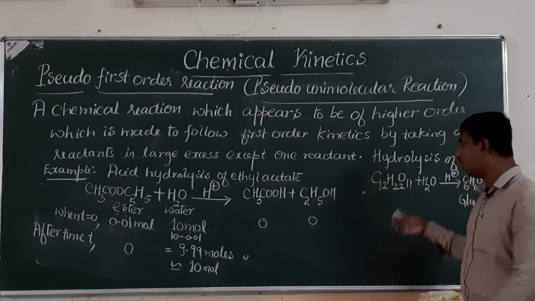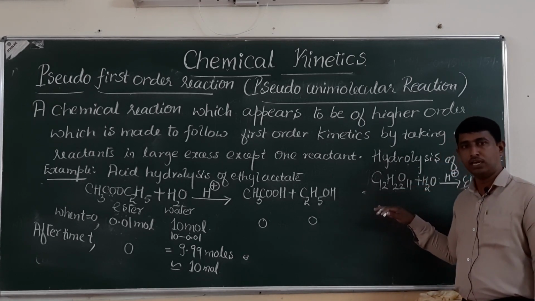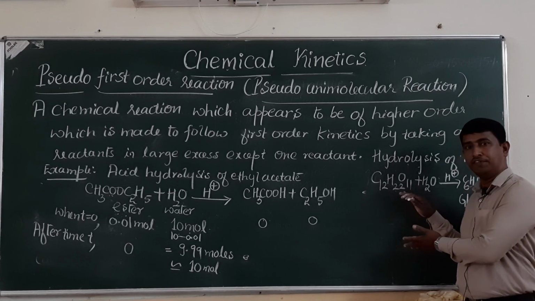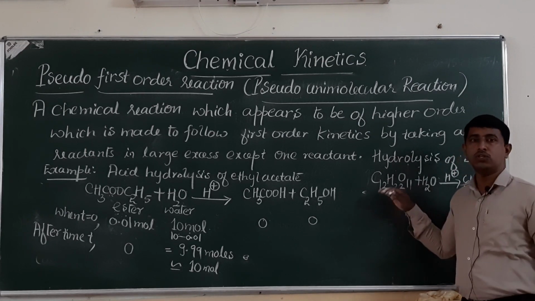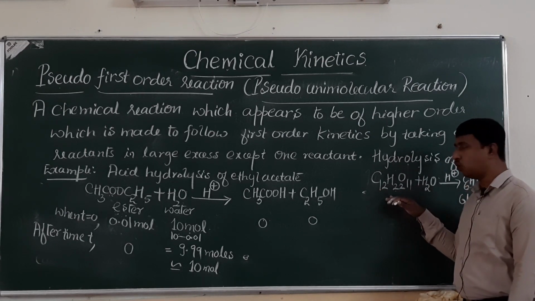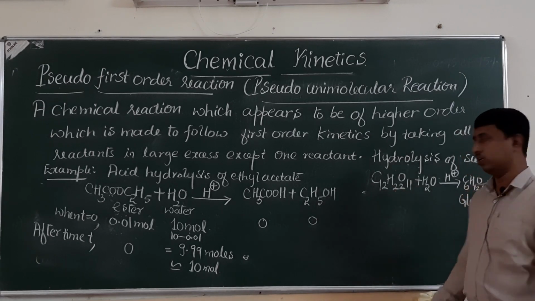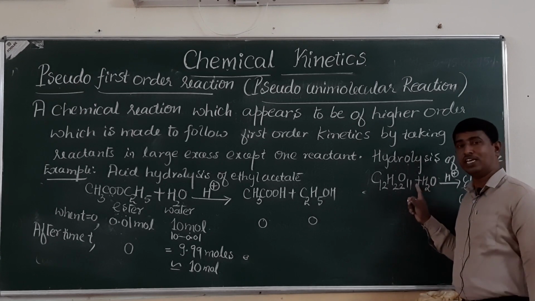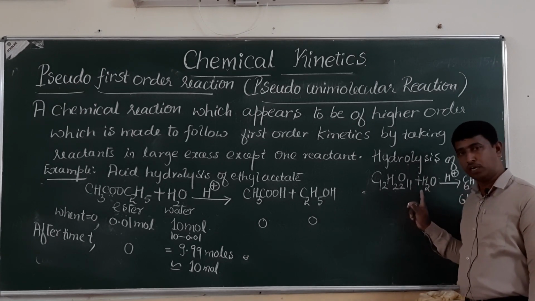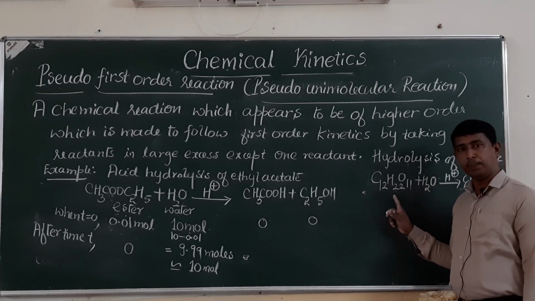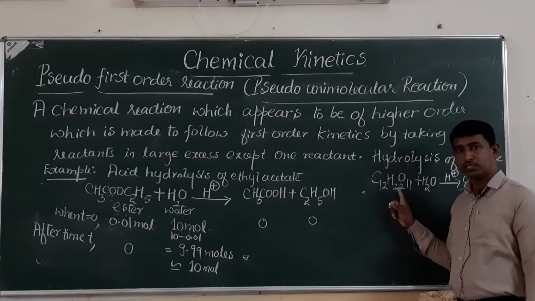So after the completion of the reaction, if you observe the amount left out, the concentration of sucrose will change, but there is no change in the concentration of water. Since there is no change in the concentration of water, the rate of the reaction depends only on the concentration of sucrose.